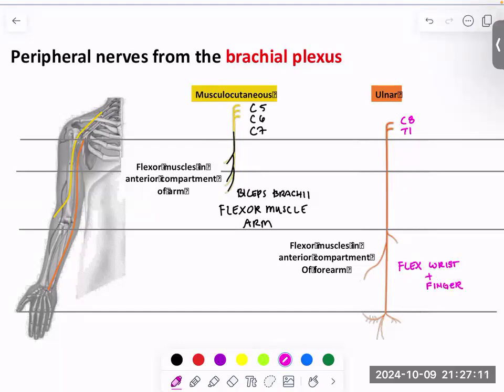What does finger flexion look like? Closing the fist. That is powered by your ulnar nerve. Extension of the fingers is a different nerve. Opening the wrist is a different nerve.